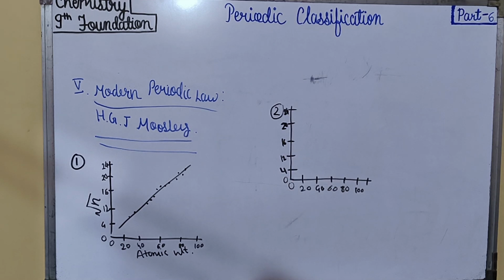In the second graph he plotted the square root of the frequency of X-rays against the atomic number, or number of electrons in a neutral atom.